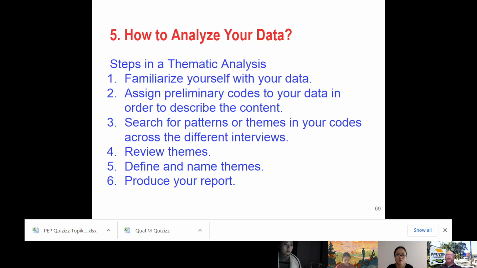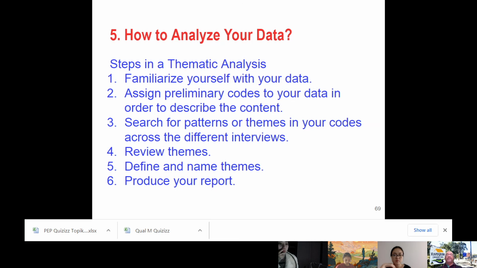Transcript is the document you get when you rewrite the conversation. So familiarize yourself with your data. How? You read it many times to make yourself familiar with the data.